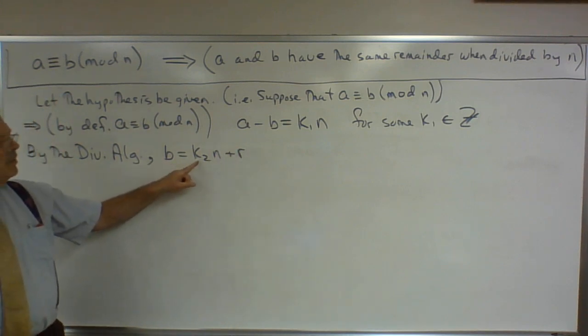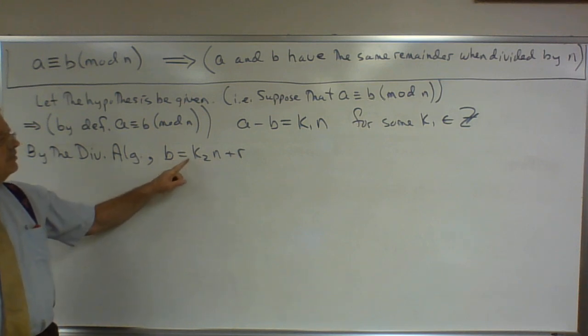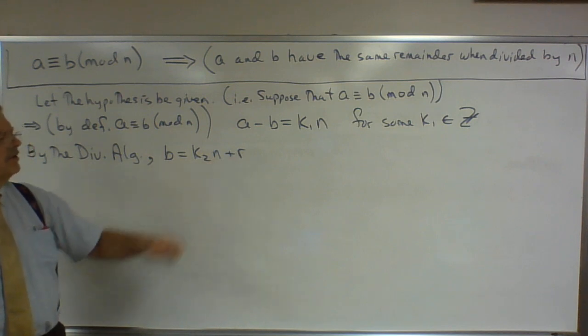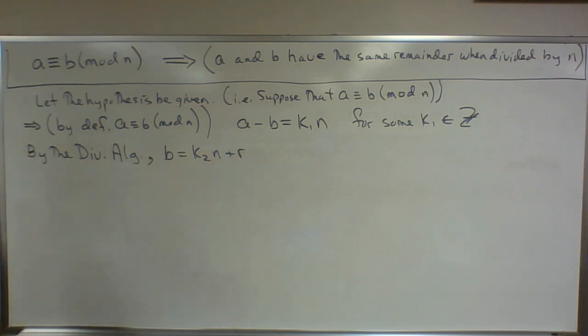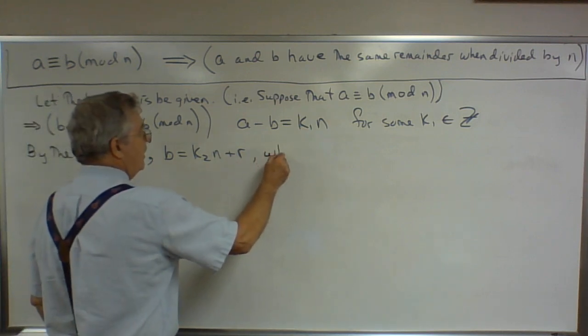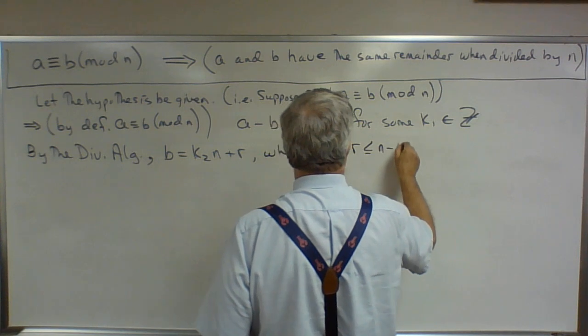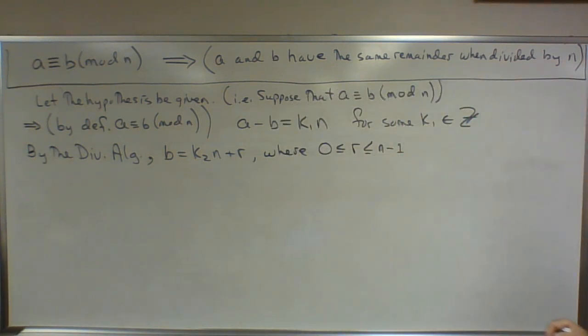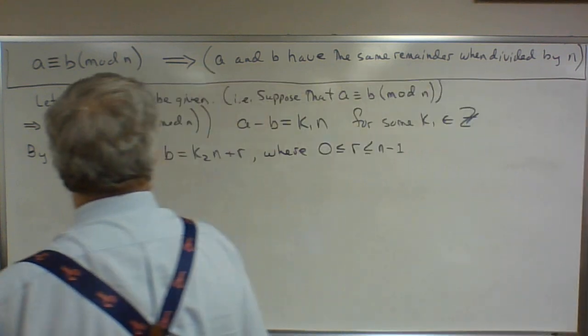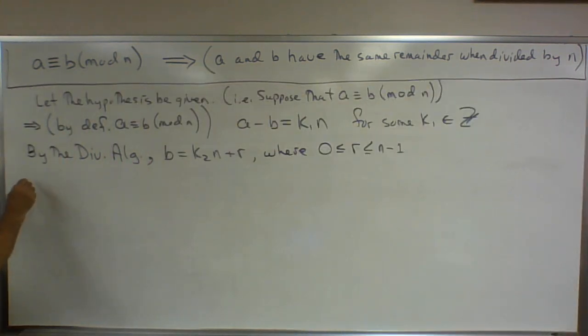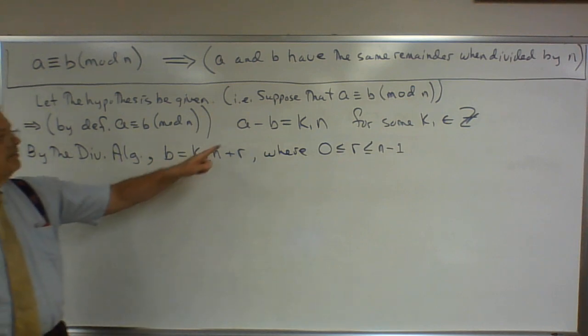So B is equal to a quotient that I'll call K2, because I've already used K1. B is equal to a quotient times n plus a remainder R, where R is between 0 and n minus 1. Oh my goodness, I think I know where this is going. I'm going to look back up here.